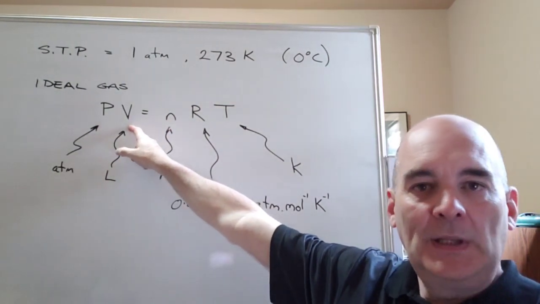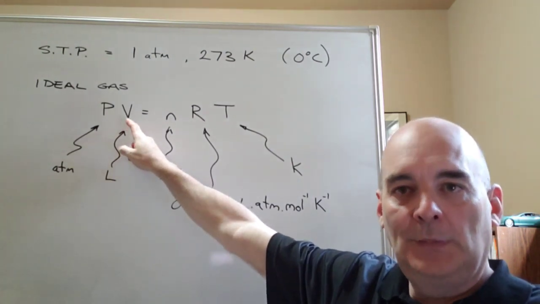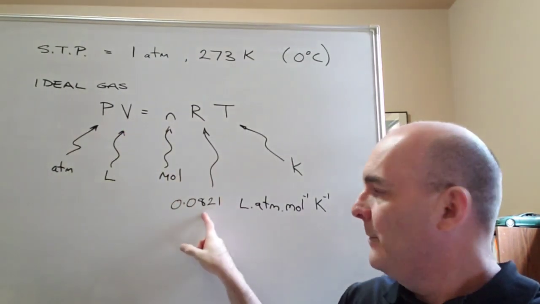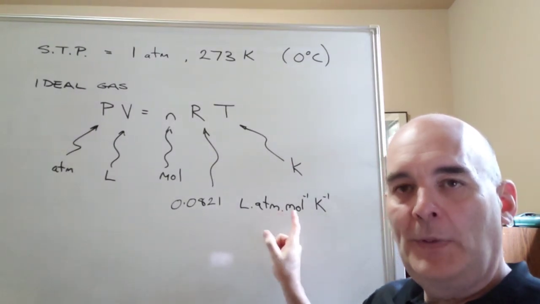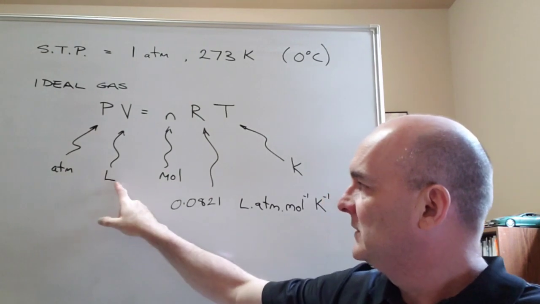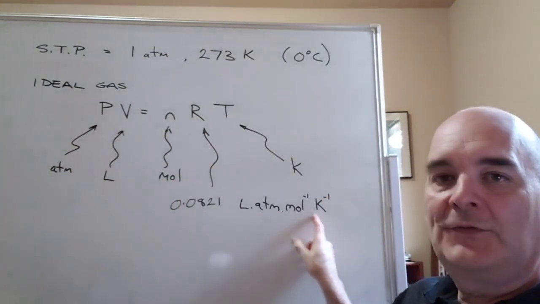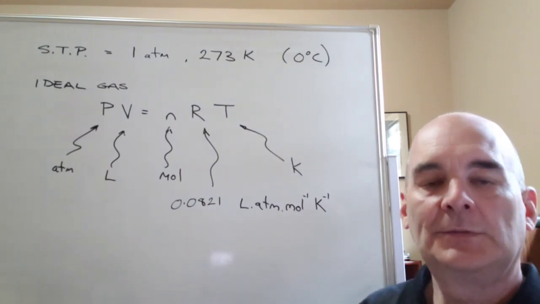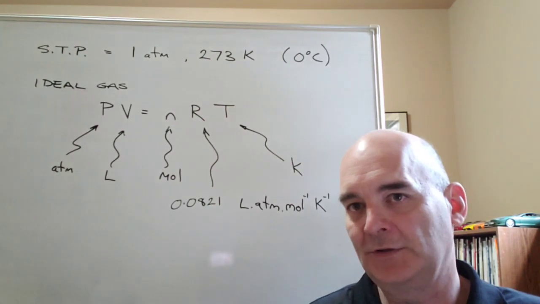If you used milliliters or fluid ounces or any other kind of volume here, it would not match with the universal gas constant, liter atmospheres per mole per Kelvin. Atmospheres, liters, moles, Kelvin, they all have to match the units that are included in the constant.